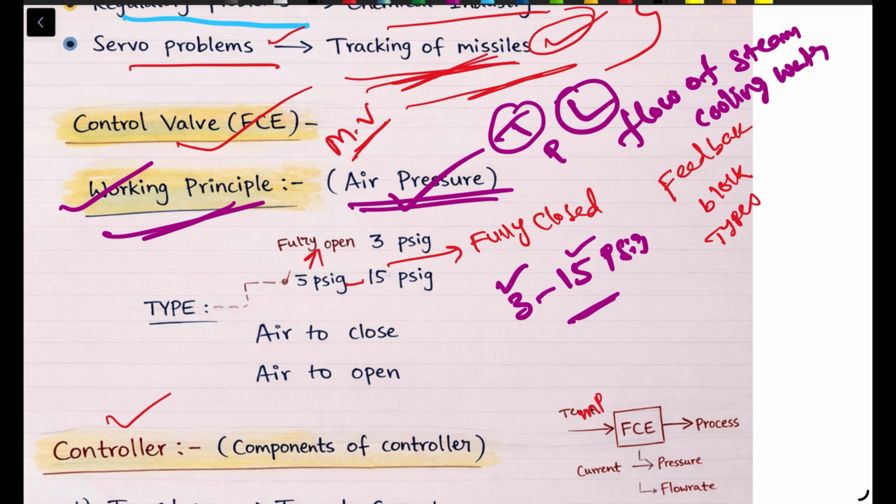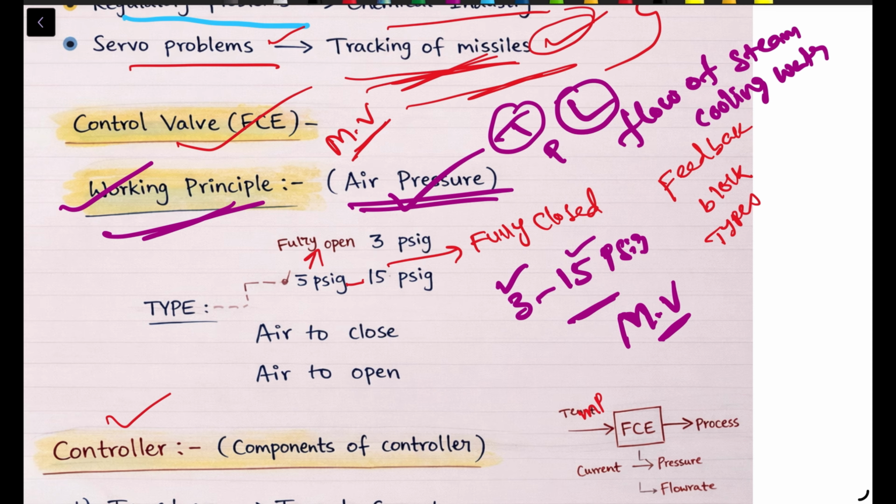When the air pressure increases, the valve position changes and the flow through the valve also changes. So this allows the control system to increase or decrease the manipulated variable. This is the advantage of this one.